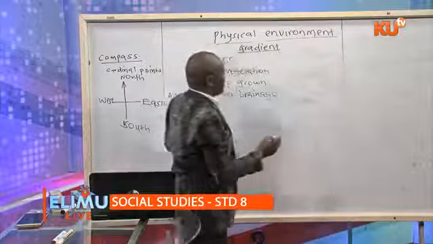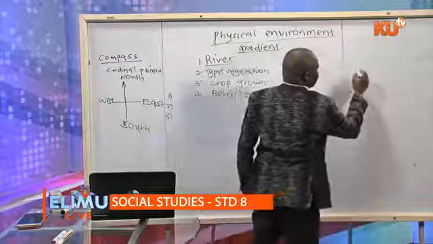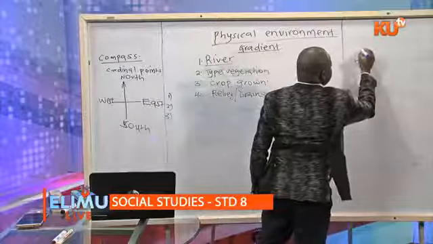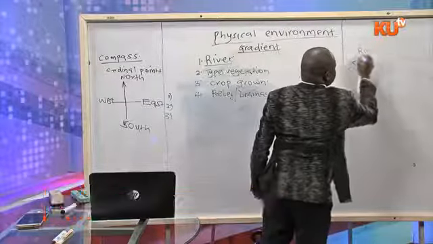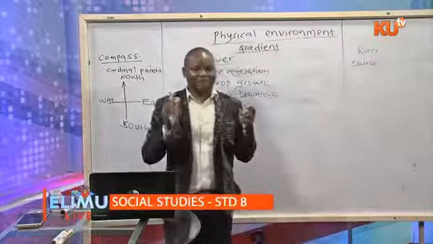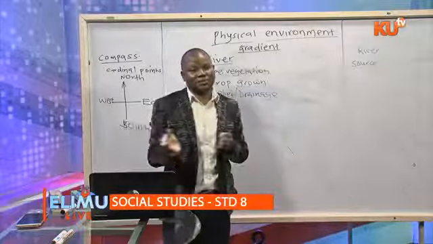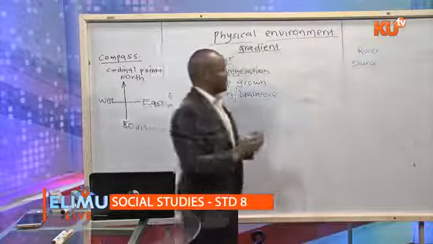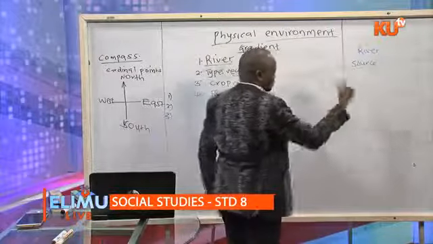So, the river has different parts. The river has the source. I can say first that a river is a stream of water that flows across the country or across the area. That is the river. It's a stream of water that flows.